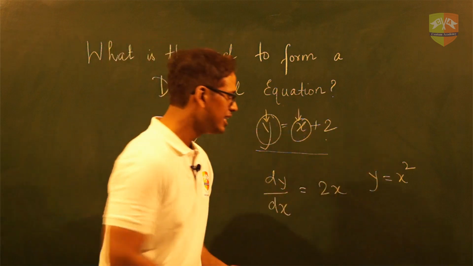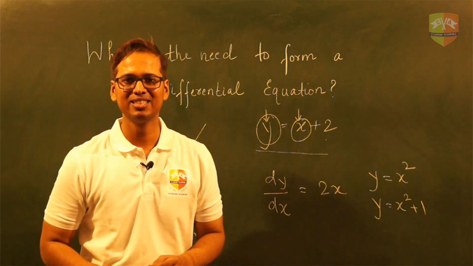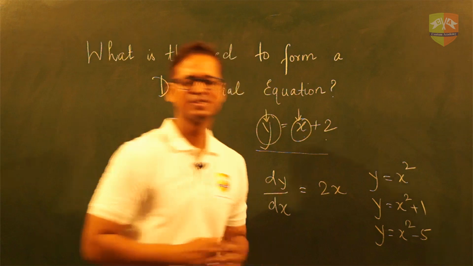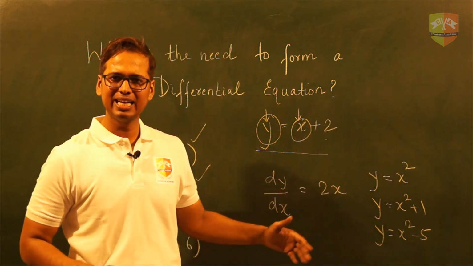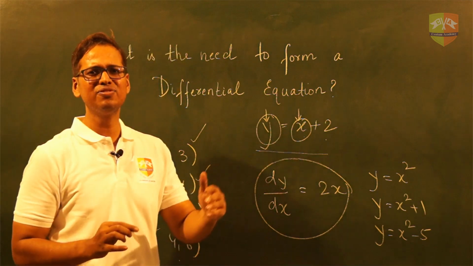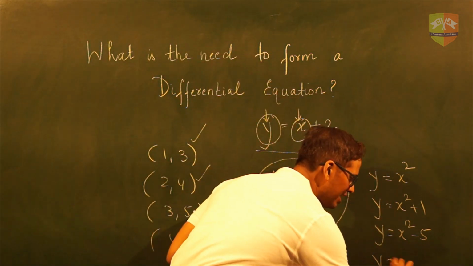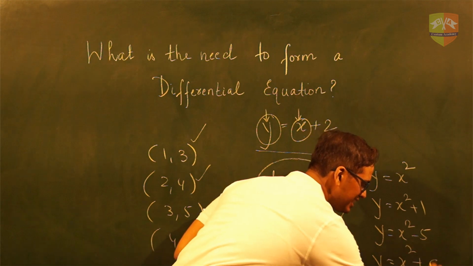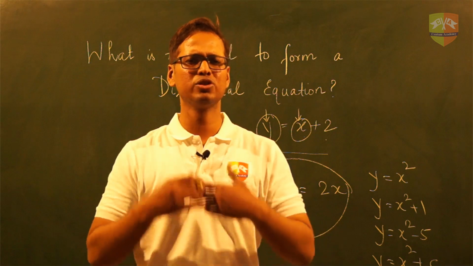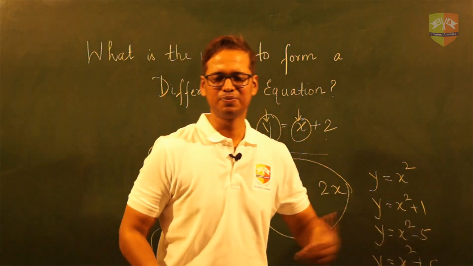Somebody else can say it is also valid for the curve x square plus 1, somebody else can say it is also valid for the curve x square minus 5. So in general, I can say the same differential equation is valid for all those curves which are of the type y equal to x square plus c, where c is an arbitrary constant. You can choose your c anything you want, and this differential equation will still be valid for that.